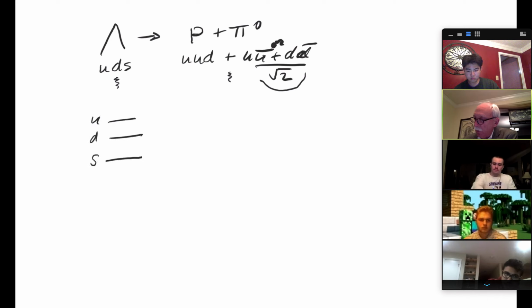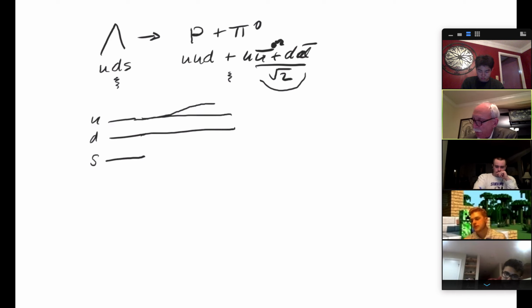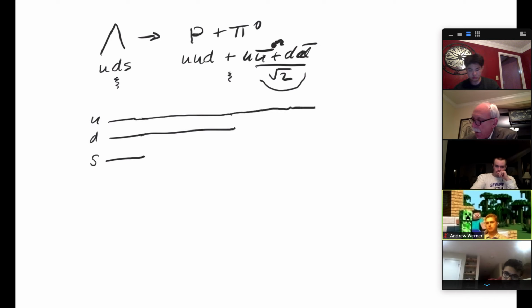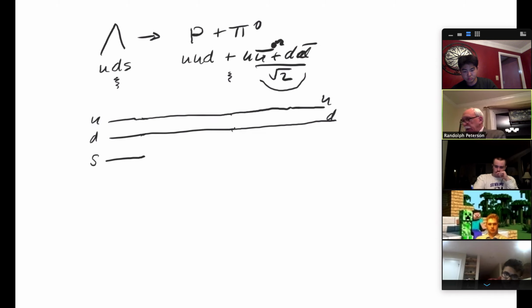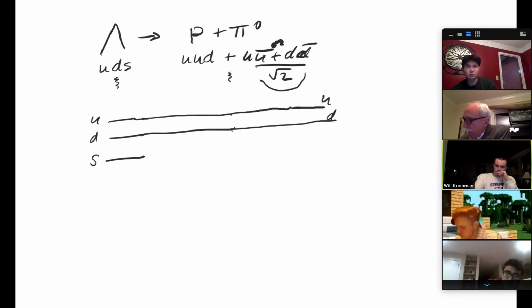So we can have the, let's see, I'm just going to show them going straight across here. Okay, so we're doing Feynman diagrams right now. Mm-hmm. And the U and the D, so what I need is another U, so that this would become a proton.